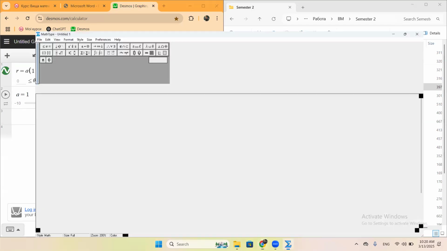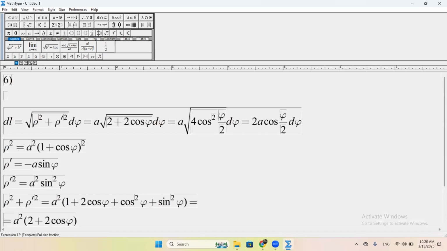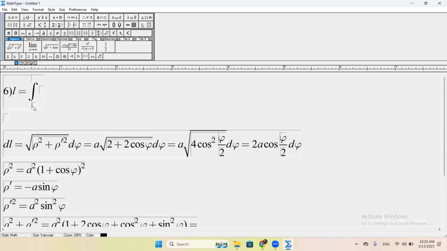So let's do it. So L will be equal to the following integral from 0 to pi of this expression.